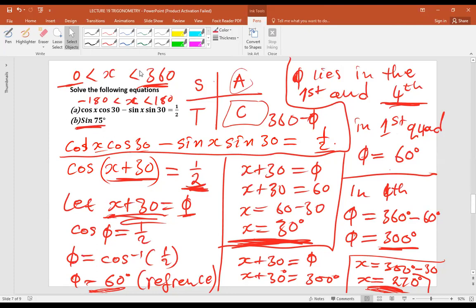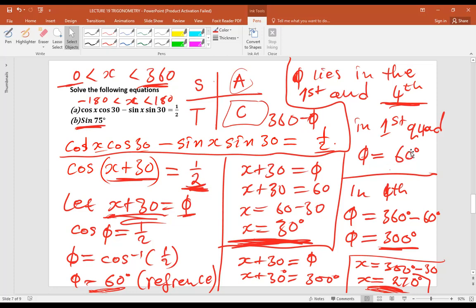There, on the first quadrant. Yeah, you say the phi lies in the first quadrant there. I understand it's there, all the quadrants are. Yes. Now that's 60, the first quadrant.